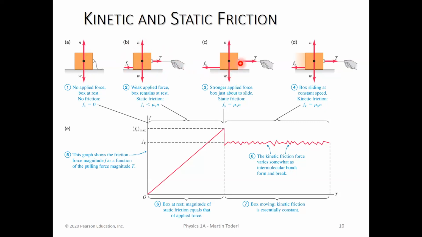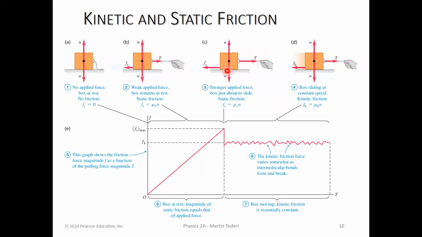If we continue, let's say that this static friction will be smaller than the limit that we have here. At point A, we have 0 friction, nothing. At point B, we are pulling from the side, so the friction appears and keeps going up in a straight line, which is dependent on this T force.